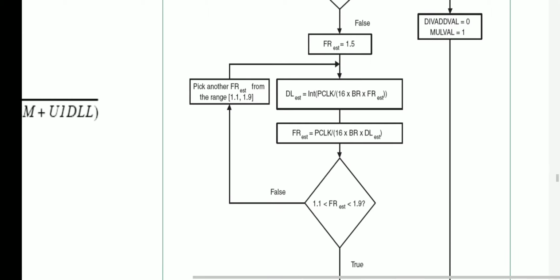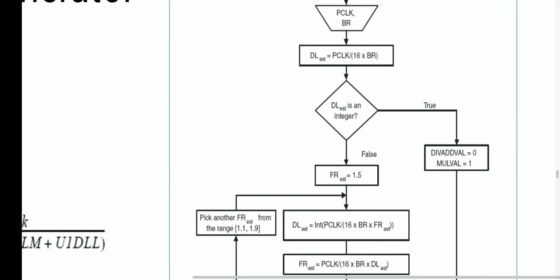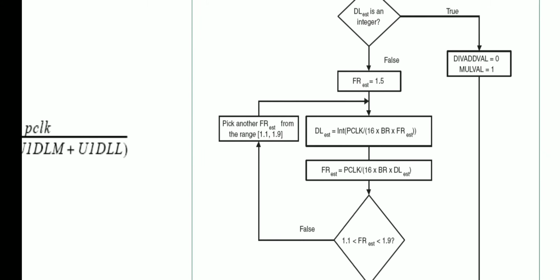If it is true, then it goes to the end, and if it is false, then it goes to the FR estimated, which is 1.5. Now again DL estimated is calculated and FR estimated is calculated.